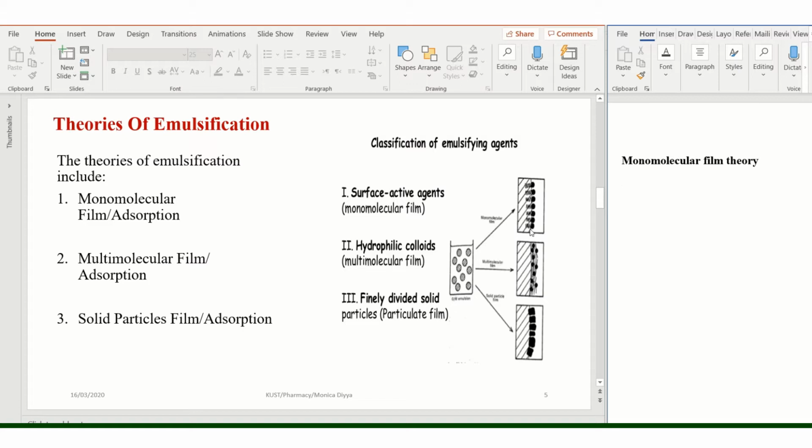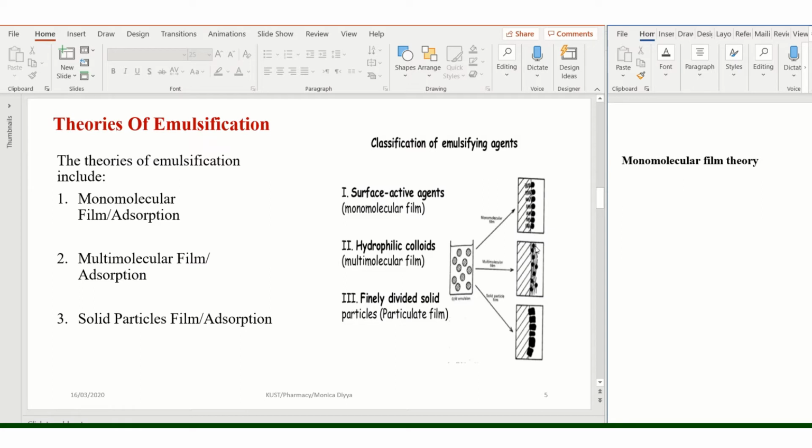These theories of emulsification are based on how the emulsifying agent acts. Based on the mechanism of the emulsifier, how it acts, we have three different theories. If the emulsifying agent that has been added forms a monomolecular film at the interface of oil and liquid, then the theory is known as monomolecular film theory.